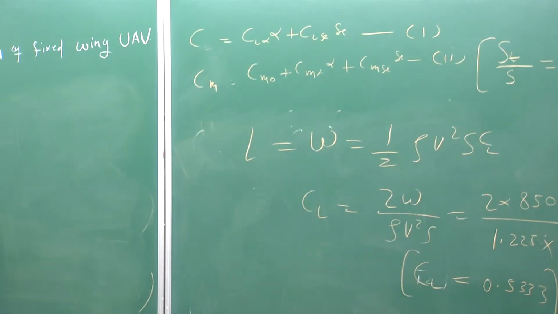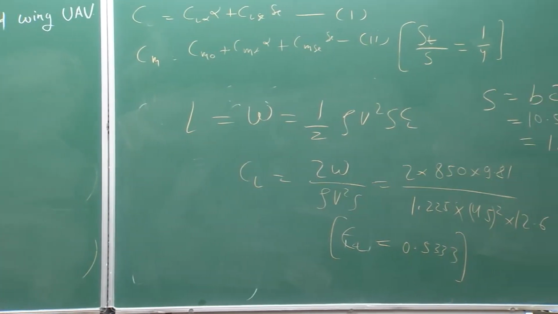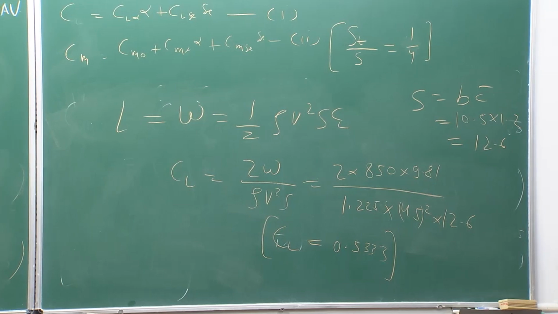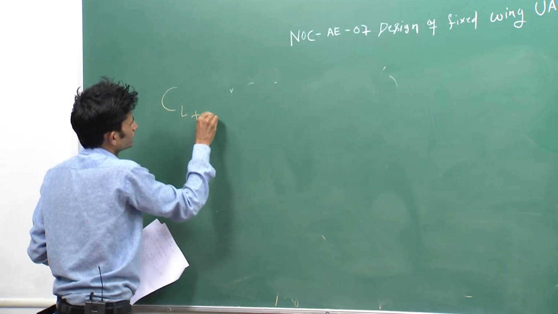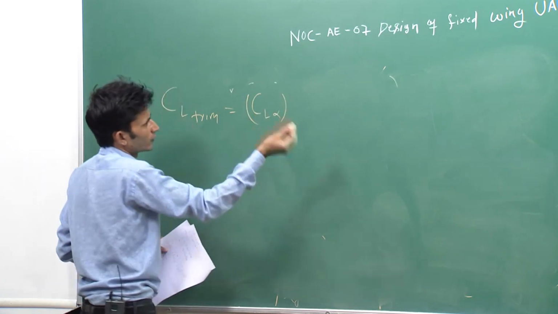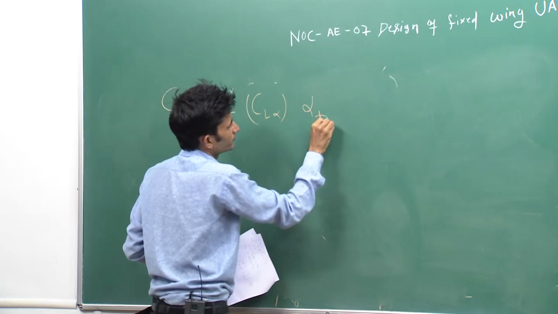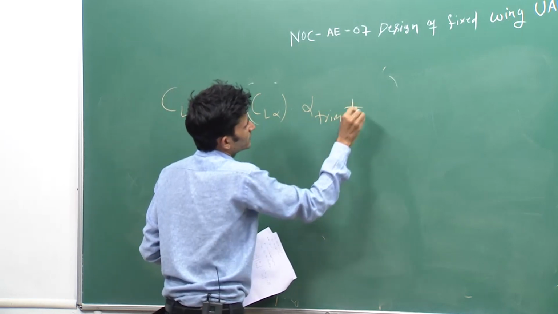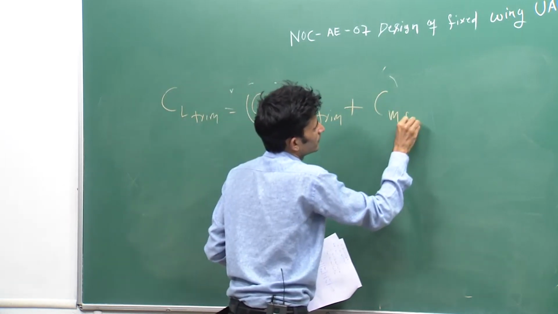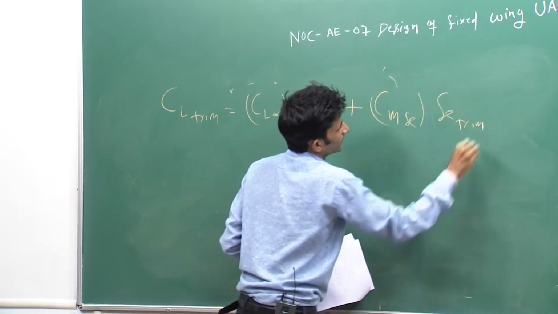and 10th question. If suppose the aircraft is trim, then equation 1 becomes CL trim equal to CL alpha of the air vehicle into alpha trim plus CL delta E into delta E trim, right?